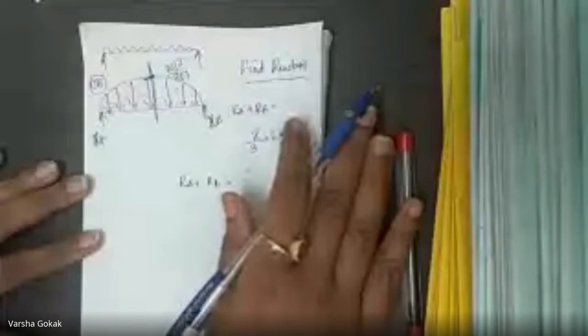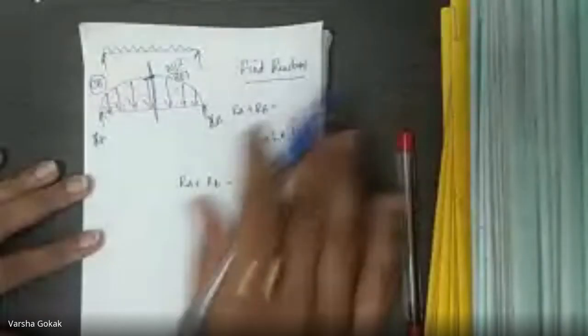What is the area of a parabola? What is the area of the parabola? It's called a cubic parabola. You can Google if you want to.